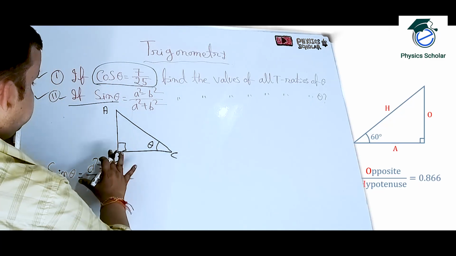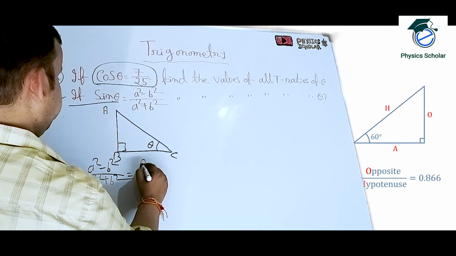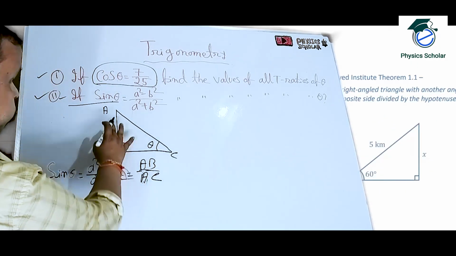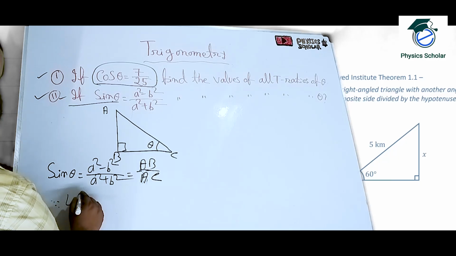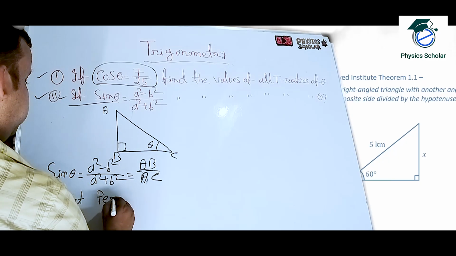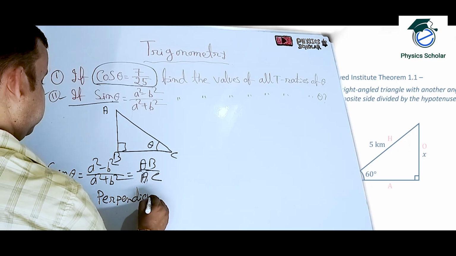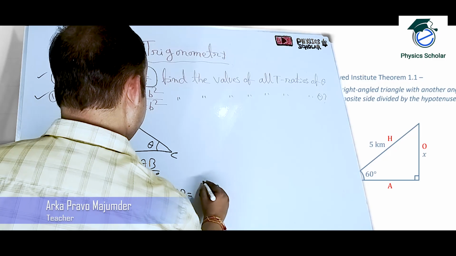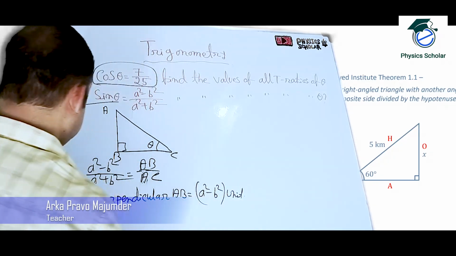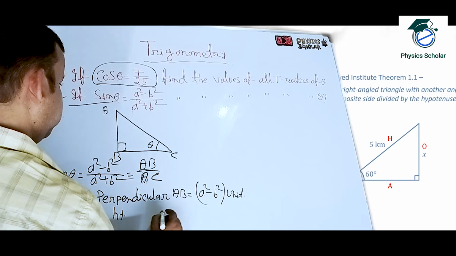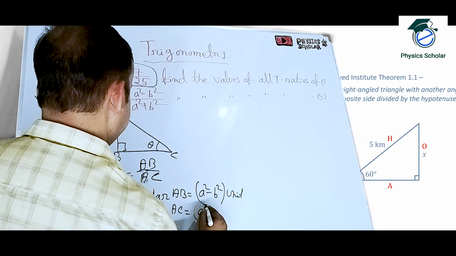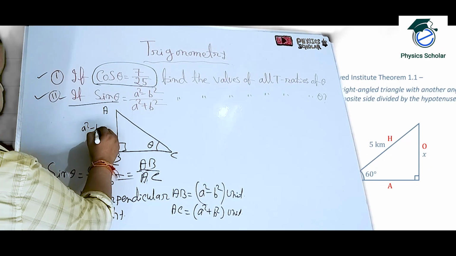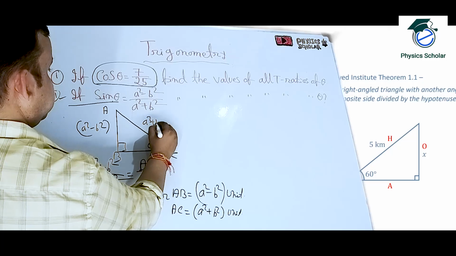Sin theta means perpendicular by hypotenuse. Hypotenuse is AC, perpendicular is AB. So let perpendicular AB be equal to a square minus b square unit. Let hypotenuse AC be equal to a square plus b square unit.